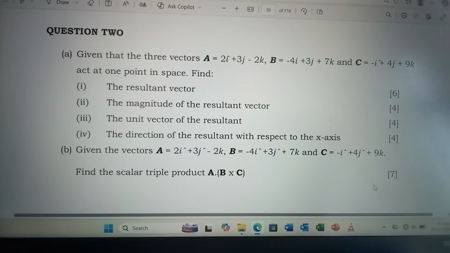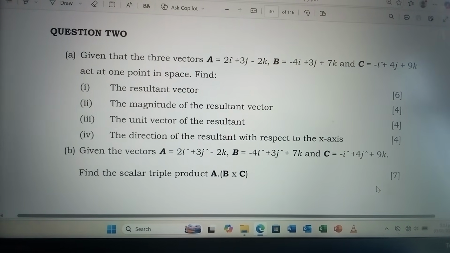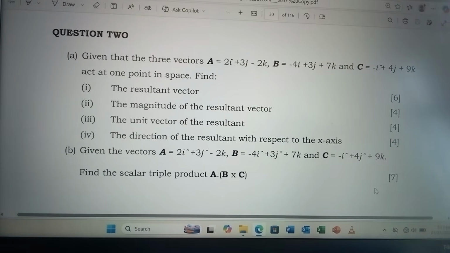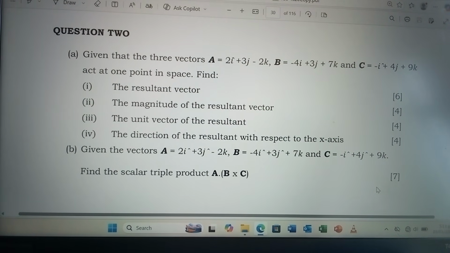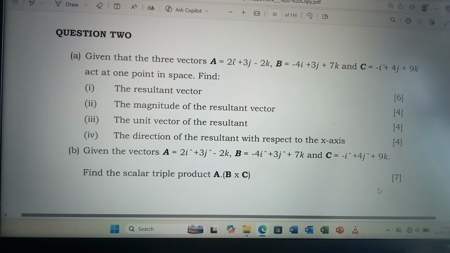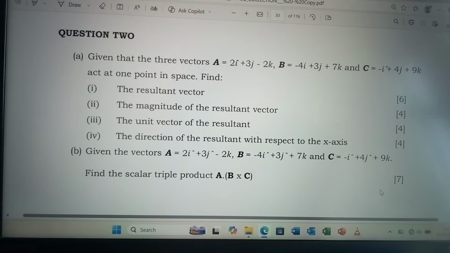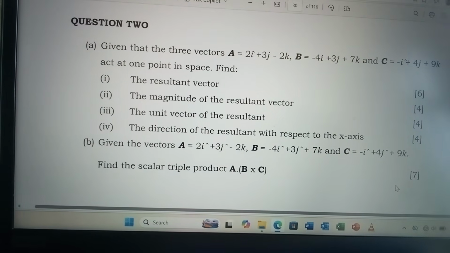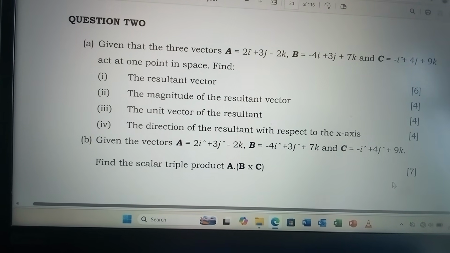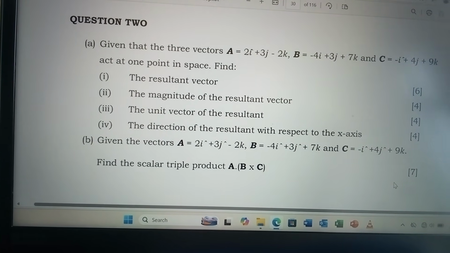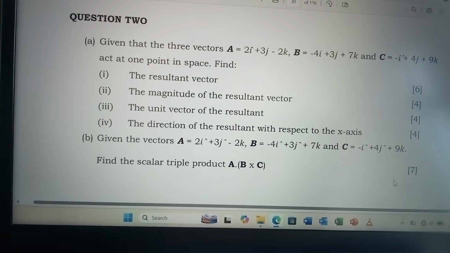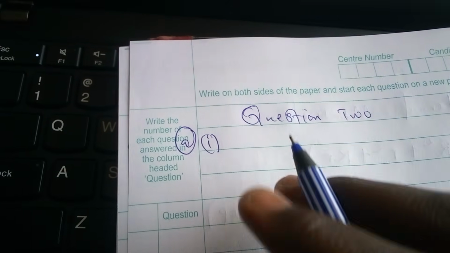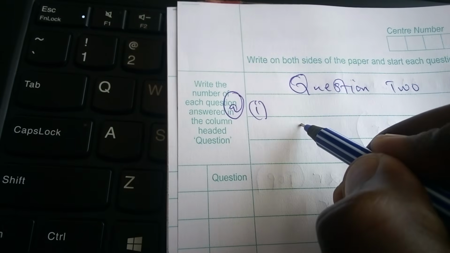The question reads: given that the three vectors A, B and C act at one point in space, find the resultant vector. One thing you should bear in mind is that whenever you are finding the resultant vector acting on one point, you are going to add.